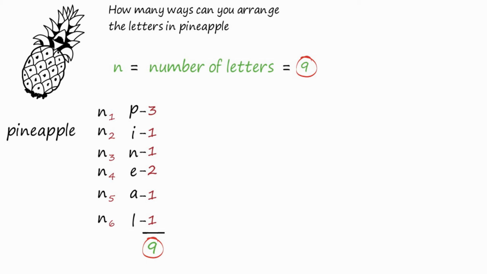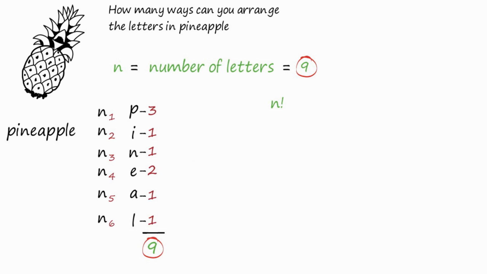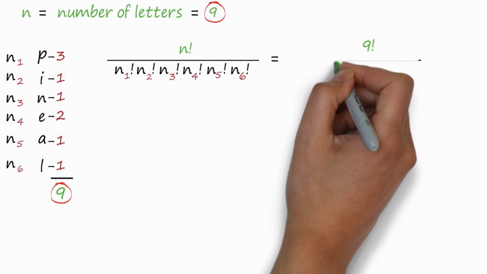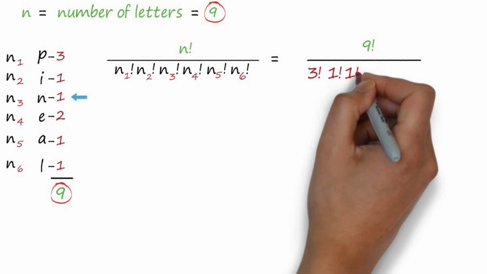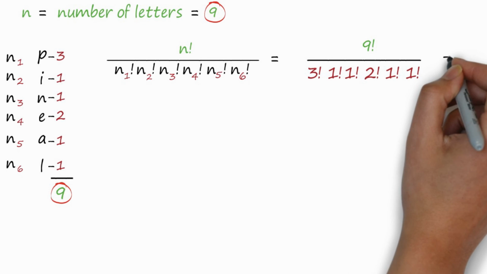Let's use our formula now, which says we take the number of letters, n factorial, and divide it by each type factorial, n1 through n6 factorial in this case. So if we plug in our numbers, we have a total of 9 letters factorial, divided by 3 factorial for P, 1 factorial, 1 factorial, 2 E's is 2 factorial, and 2 more 1's.